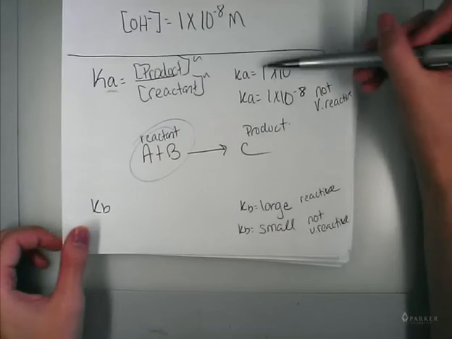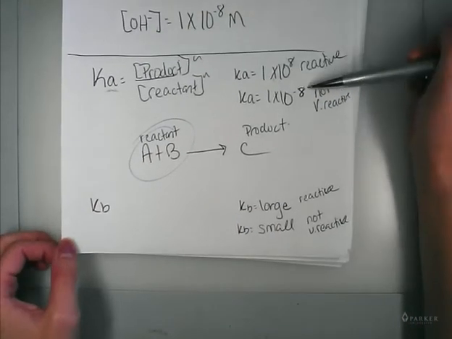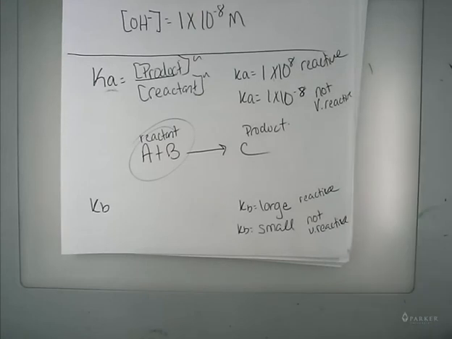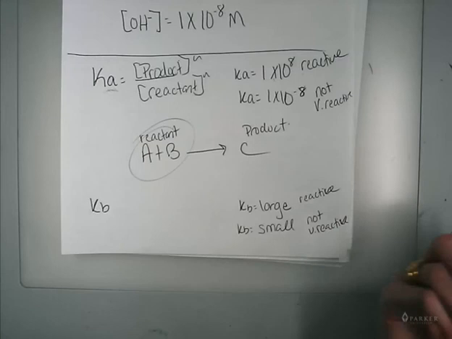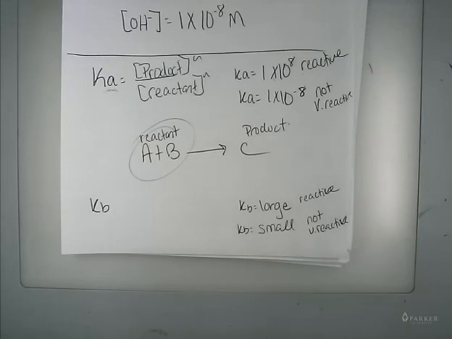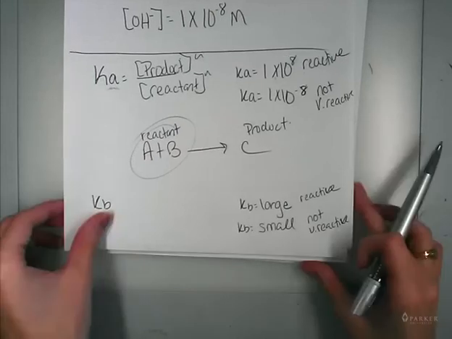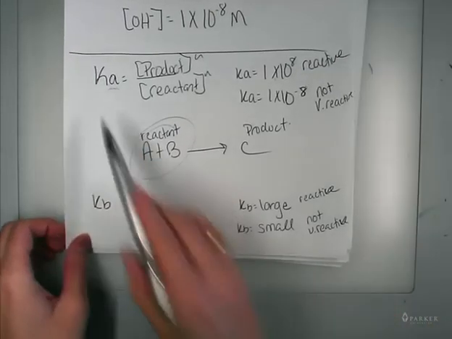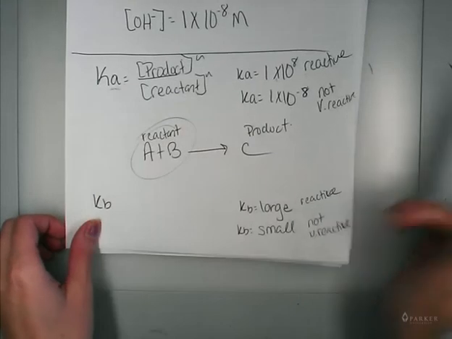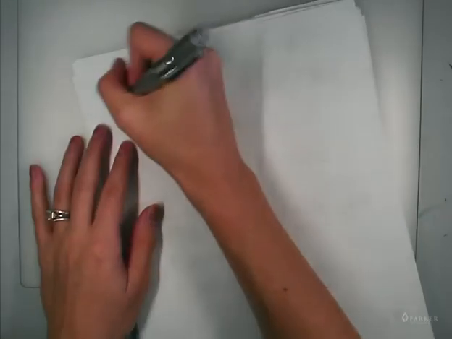But these numbers here, like 1 times 10 to the 8th, 1 times 10 to the negative 8, nobody likes to look at those numbers. They don't mean as much to you, I guess we can say. We like to see nice, pretty numbers like 8 or 10. So what they do is they convert a Ka into a pKa. We have P in front of it.